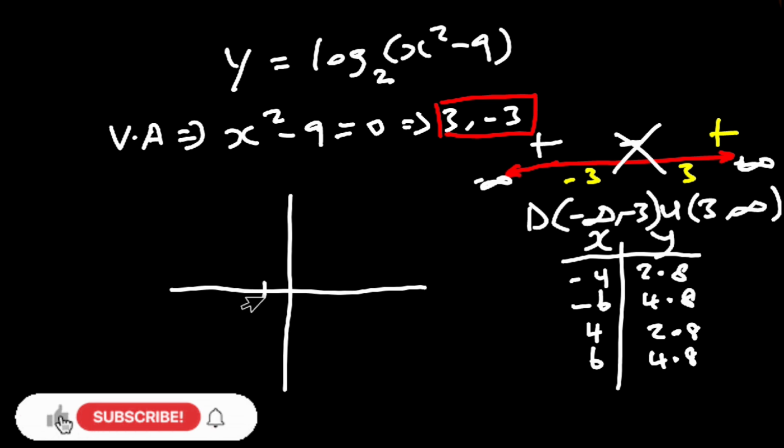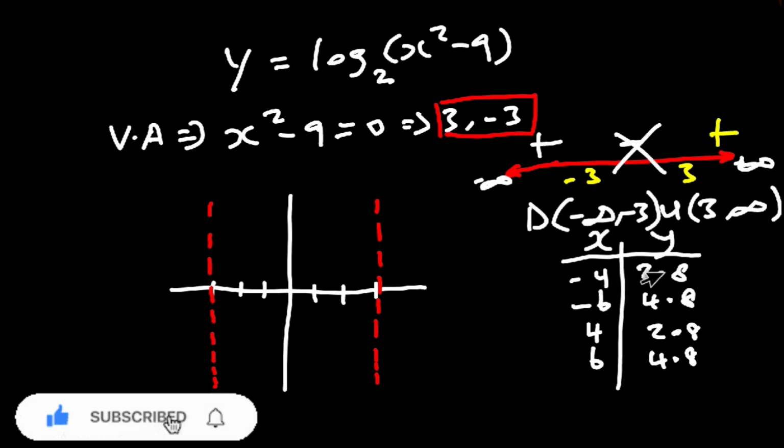We have 1, 2, 3 here, and 1, 2, 3 here. Let's indicate the vertical asymptotes at x equals 3, which is here, and at x equals -3, which is here. When x is equal to -4, y is 2.8. So this is our -4, then y is 2.8.